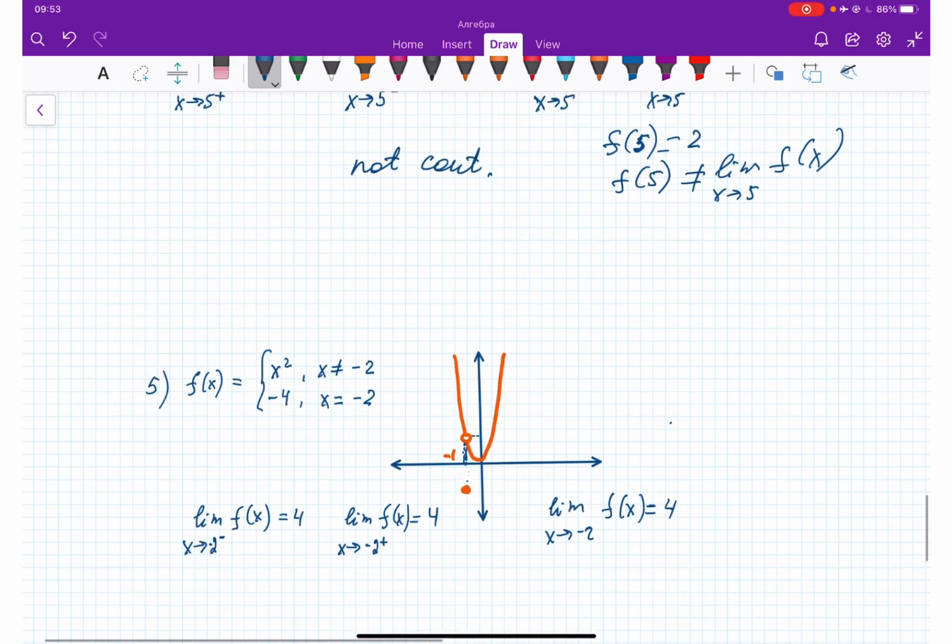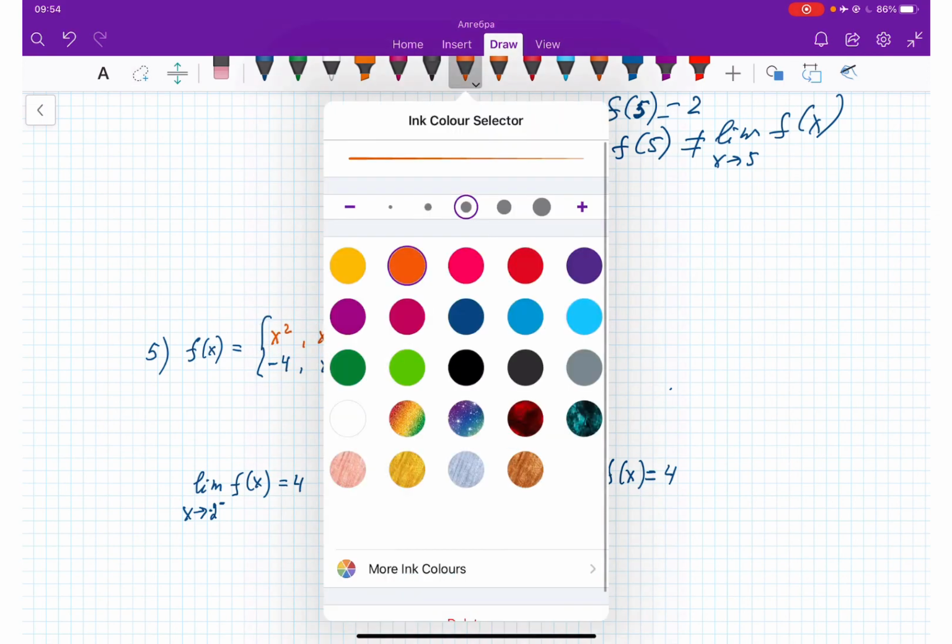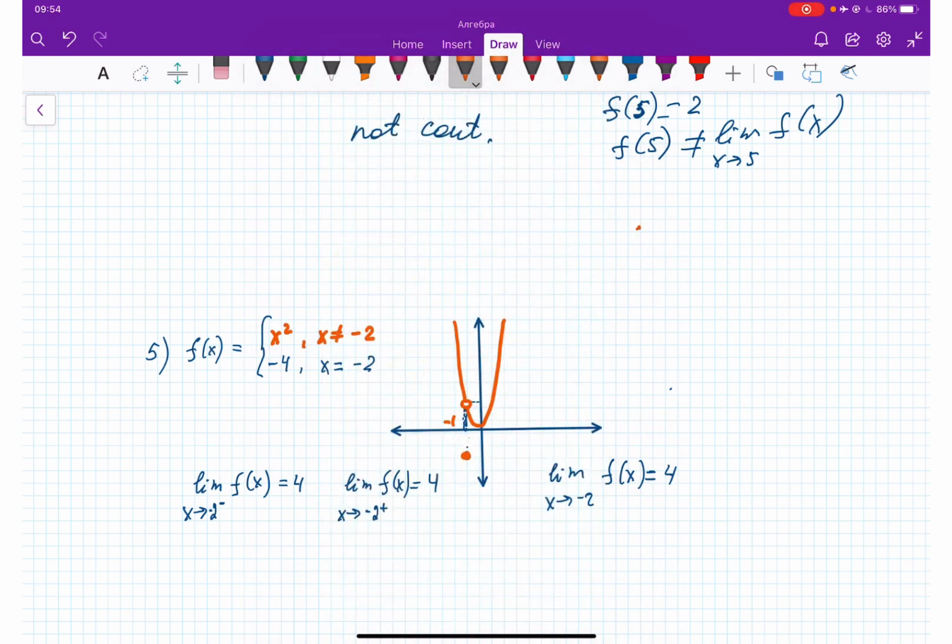Question number 5. Here we have x squared, a parabola. Let me make it this color so we can see, and make it thicker. And negative 4, it's going to be blue color. Say this is negative 4.